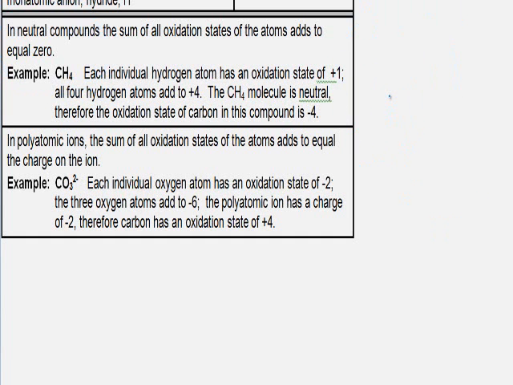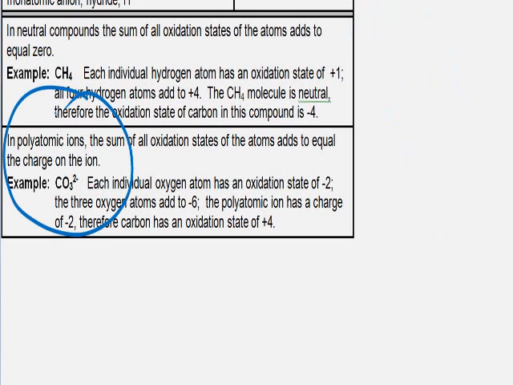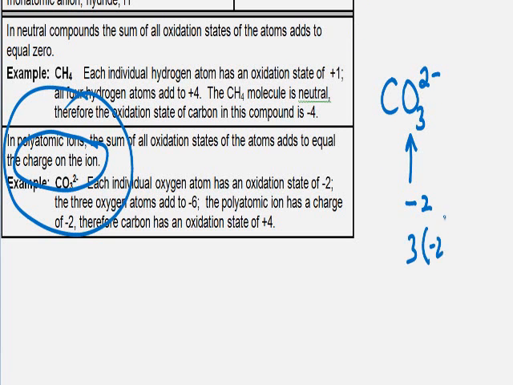Now, if we have something that's a polyatomic ion, the oxidation states in that ion need to add up to equal the charge on that particular ion. For example, we have carbonate. Now, oxygen in a compound is assigned an oxidation state of -2. Since there are 3 oxygens, 3 times -2 gives us an oxidation total for oxygen of -6.